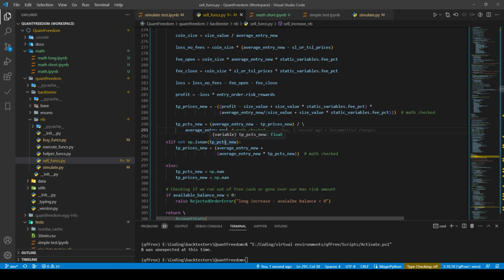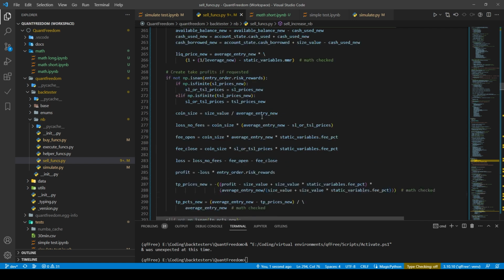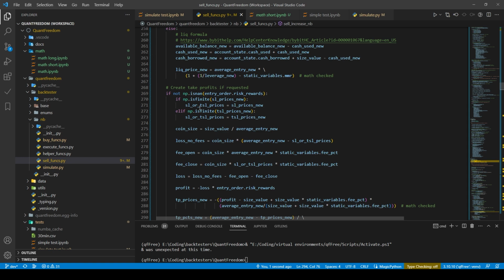Else, if this is not NaN, average entry minus this. Why the hell are there parentheses there? So it would be if this is finite and this is finite.